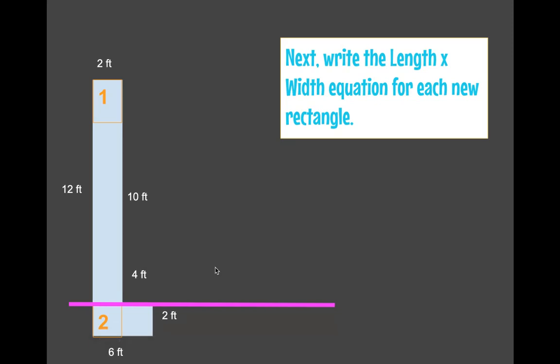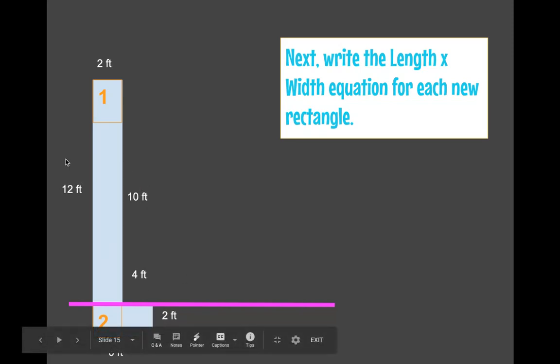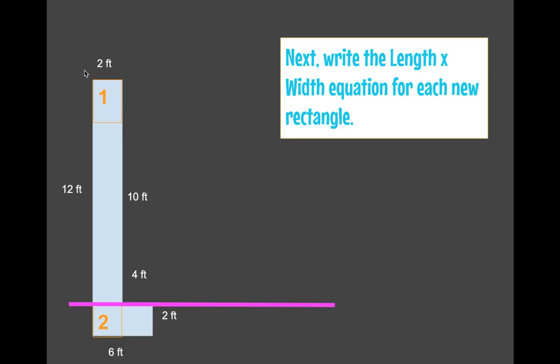And thinking back to Monday's lesson, if we didn't know what this side was, we would add 10 plus 2, which is this side right here, to get that total length, which would have been 12. But in this case, we're going to use 10 because that's the length of figure 1. So we've got 2 times 10, and we have 2 times 6.